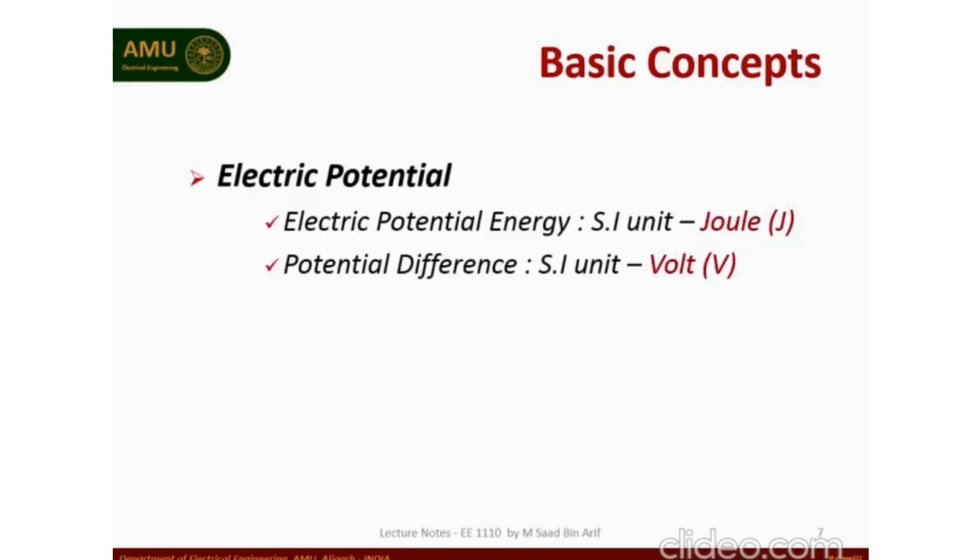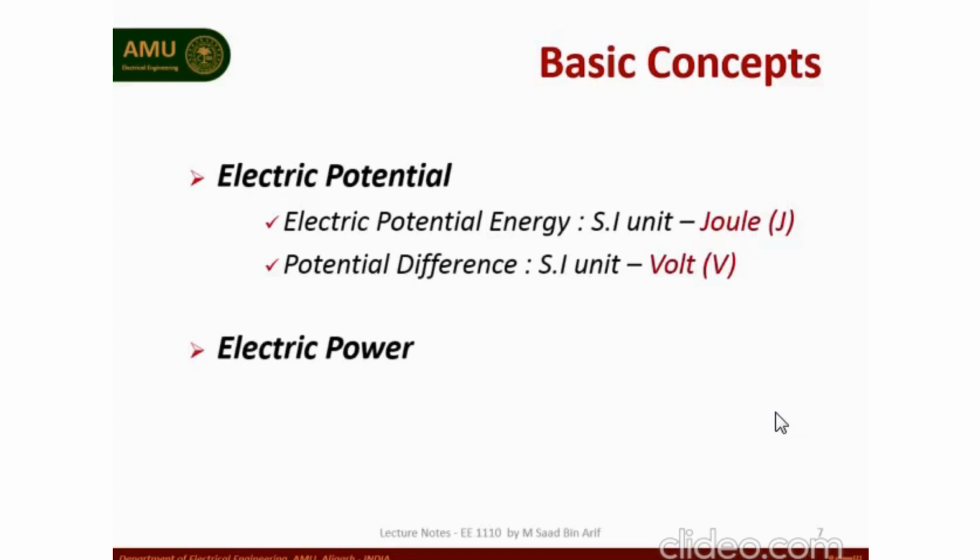We just discussed electric current, then electric potential. Now we are going to discuss another important quantity, that is electric power. Electric power can be defined as the electrical potential energy transferred per unit time by an electric circuit or electrical element.